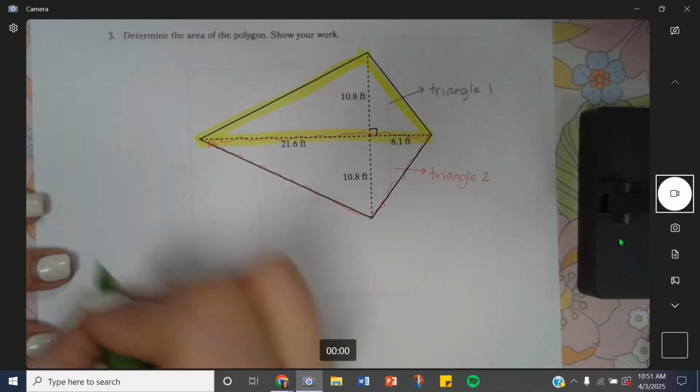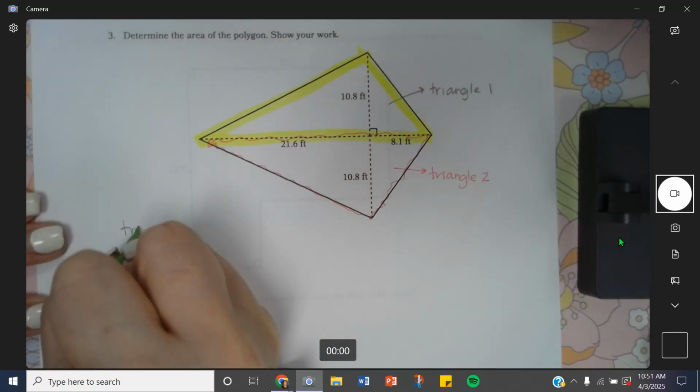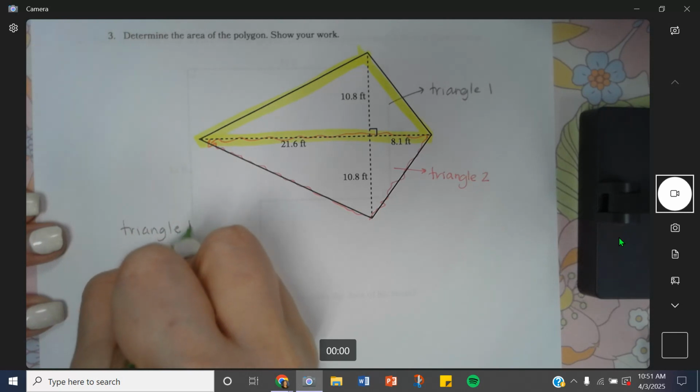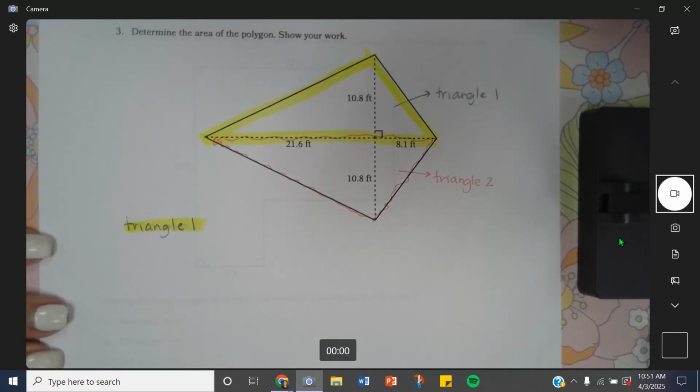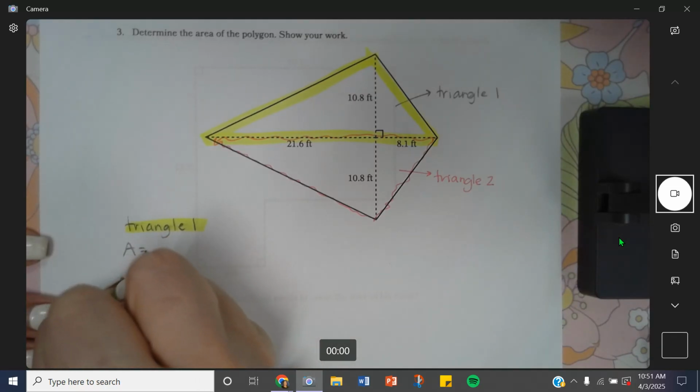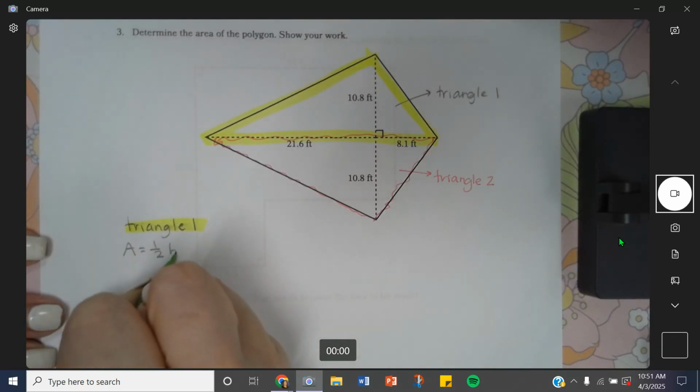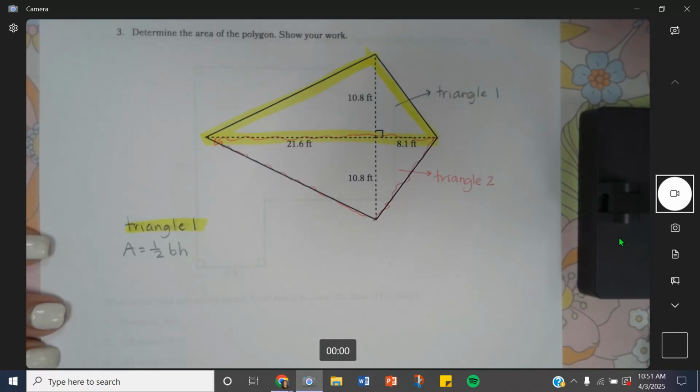So for triangle 1, our yellow triangle, we're going to go ahead and find the area of that. So remember, the formula for the area of a triangle is area equals 1/2 base times height. So let's go ahead and find our height and our bases for the yellow triangle.